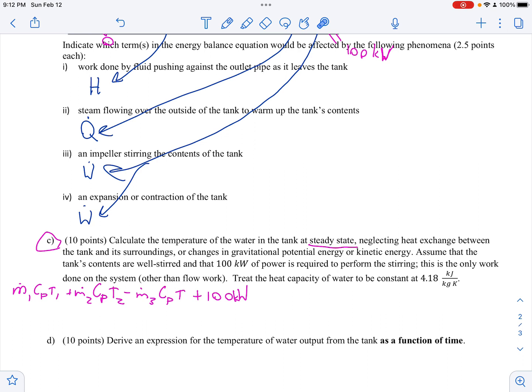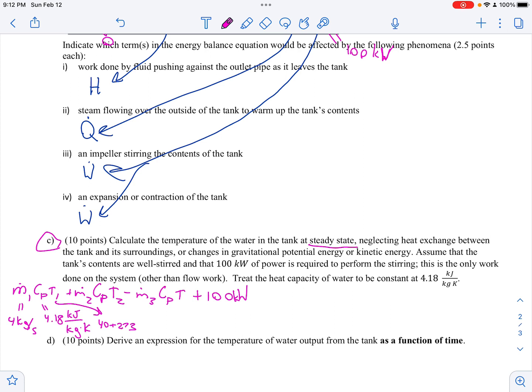So M1, yeah, this is 4 kilograms per second. This is 4.18 kilojoules per kilogram Kelvin. And this would be 40 plus 273.